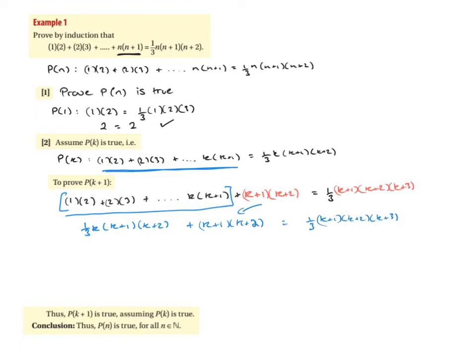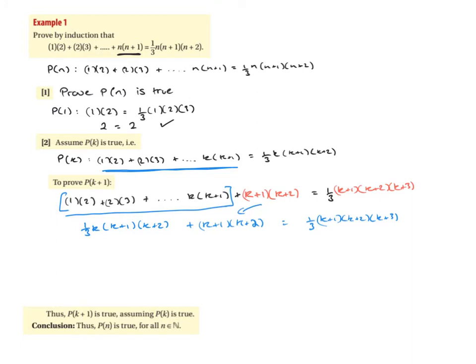Okay, so all we're going to do now is work on the left hand side and try and get it to equal the right hand side. So we're going to work exclusively on this side to try and make it equal to the right hand side. If we can prove the left hand side is equal to the right hand side, then we prove the linkage between the kth and the k plus 1 domino, basically.